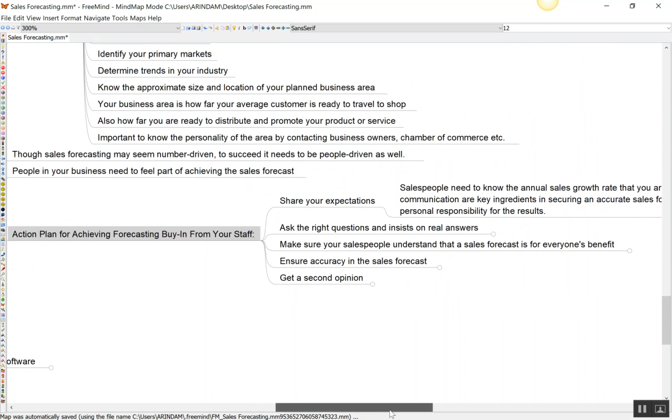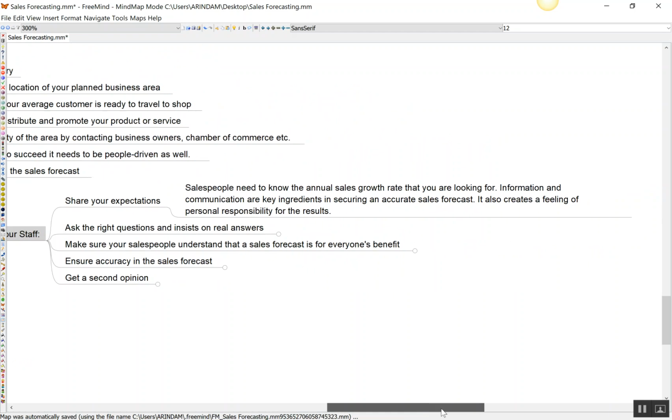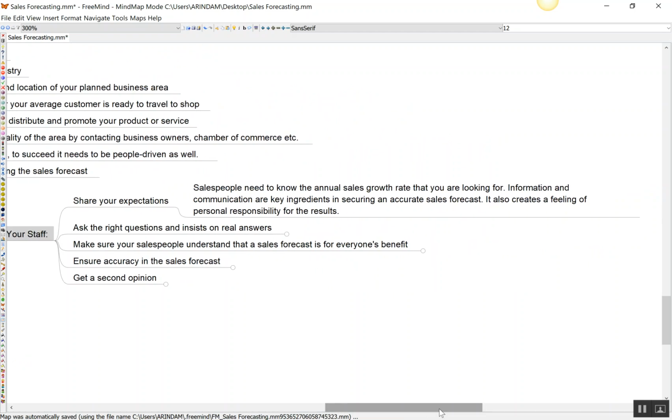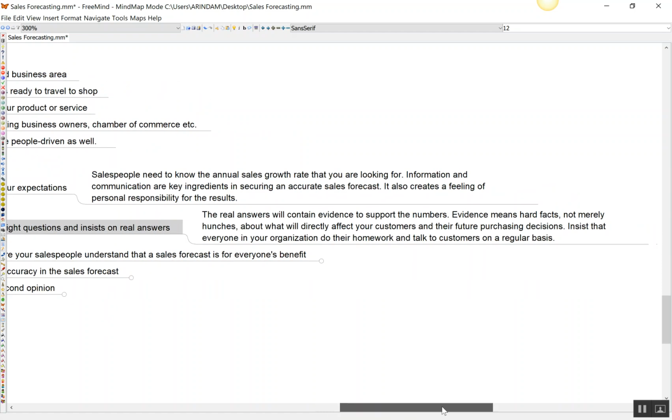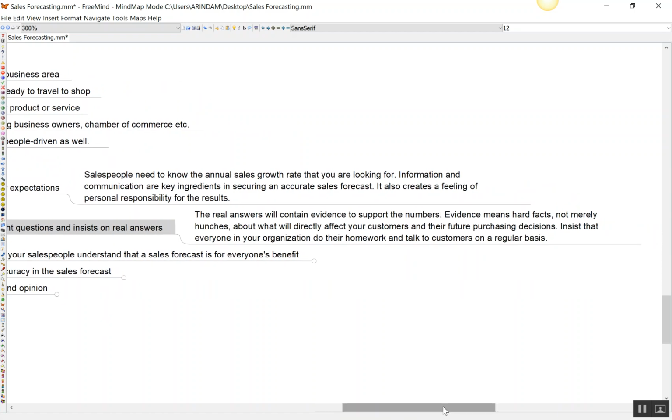So share your expectations, right? Salespeople need to know the annual sales growth rate that you are looking for. Information and communication are key ingredients in securing an accurate sales forecast. It also creates a feeling of personal responsibility for the results. So ask the right questions and insist on real answers. The real answers will contain evidence to support the numbers. Evidence means hard facts, not merely hunches about what will directly affect your customers and their future purchasing decisions.